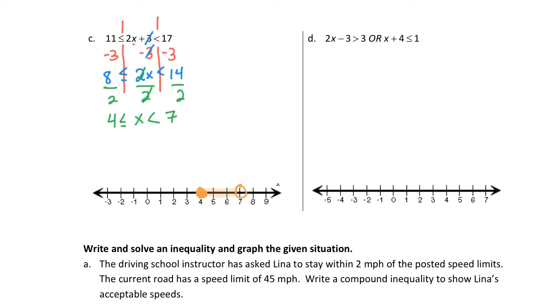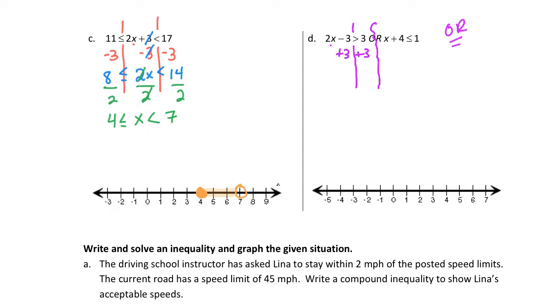For the last problem, we've got another one of these OR statements. So there's 2 parts to it. You want to treat this like 2 separate inequalities. So we'll do this one first. You can even put a squiggle down that. I'm just going to put an OR over here to remind myself. For this one, our x is right here. So it looks like I'm going to need to add the 3 to both sides.